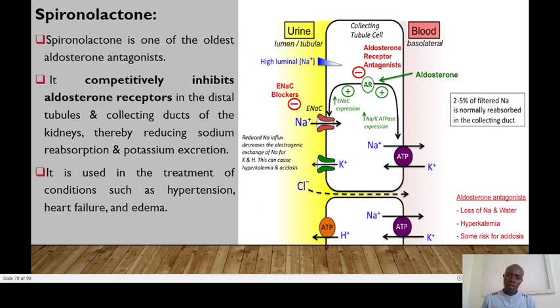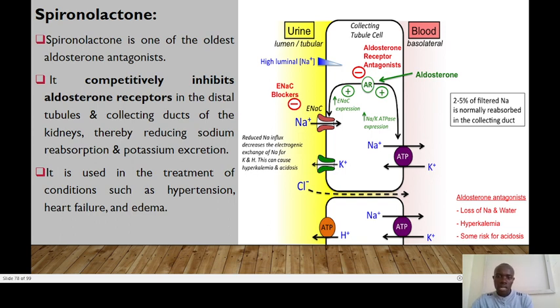In the long run, aldosterone antagonists normally lead to loss of sodium and water, retention of potassium, risking hyperkalemia, and lastly we could have some risk for acidosis.